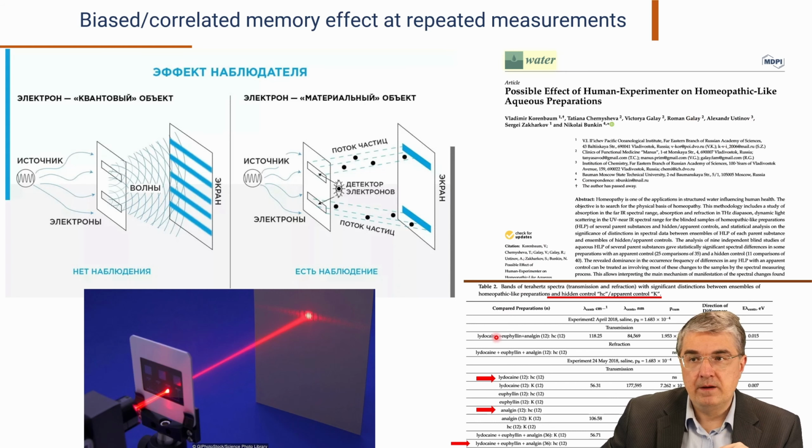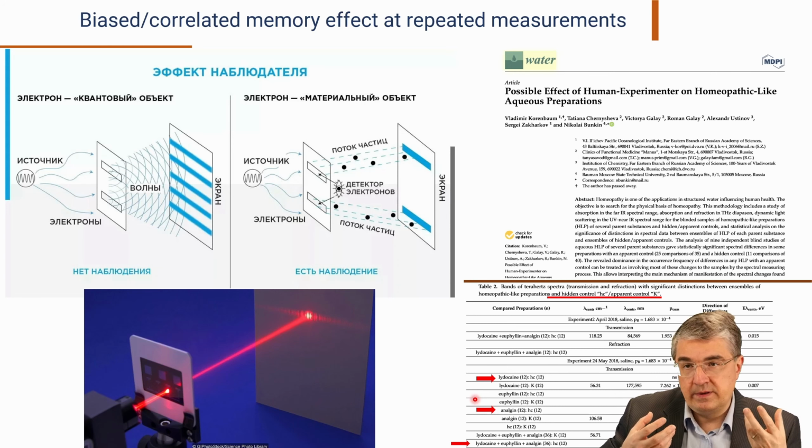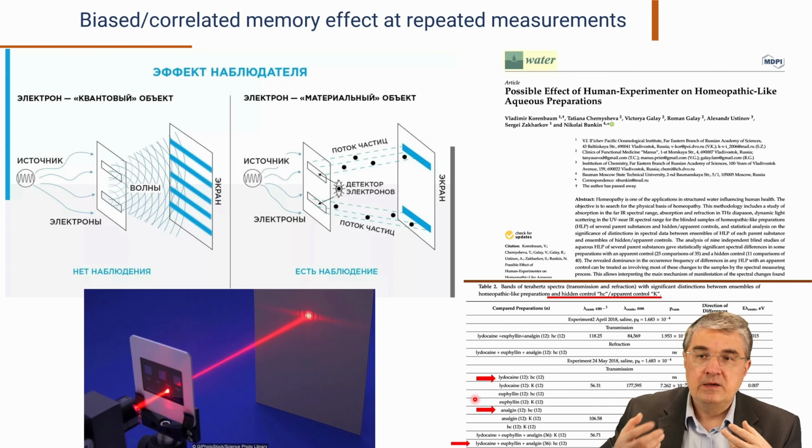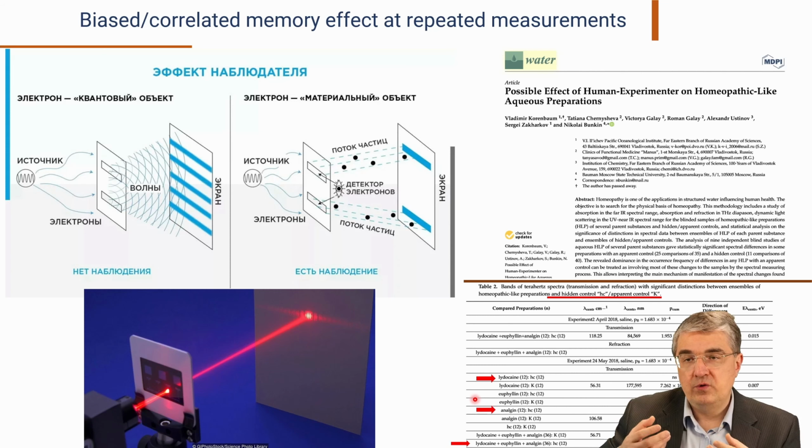And Vladimir introduced two different control samples. Normally an experiment is successful if there is a difference between experiment and control. And he introduced two kinds of control. The first one was obvious to the experimenter, so he knew about this. And there was a second type of control samples, hidden control, and nobody knew about this.